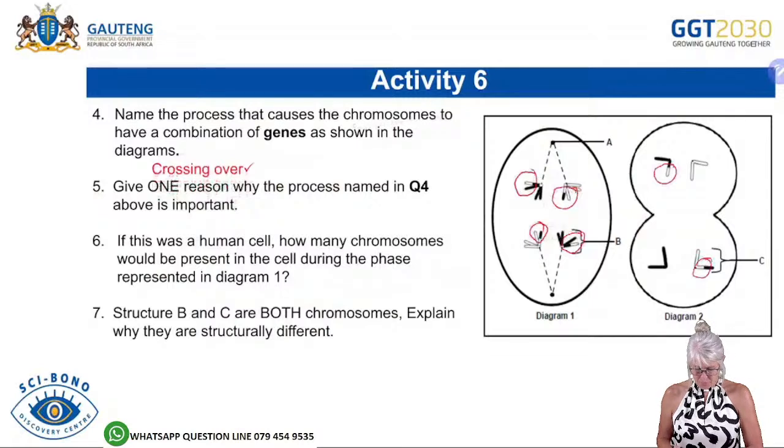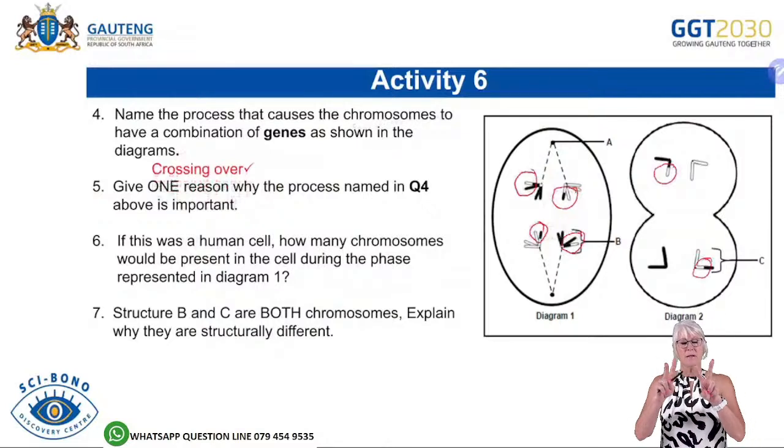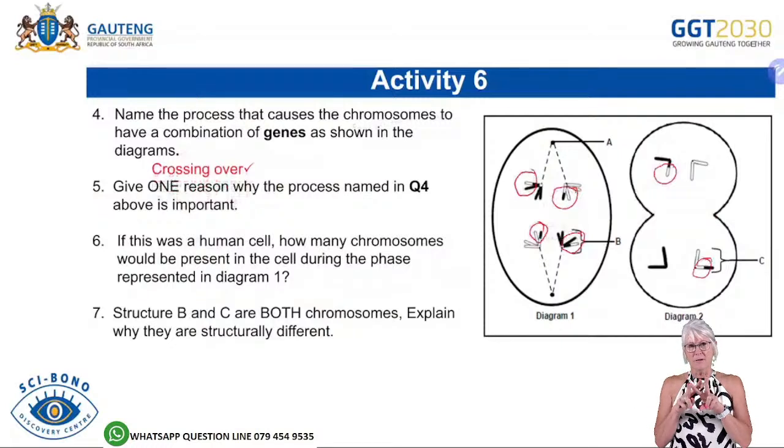Then they say, give one reason why the process named in question 4 above is important. And the reason is as soon as we do a bit of crossing over, we've got recombinant DNA, and what are we doing? We are creating variation, so that every single organism that is born is not identical to the one before. So the gene pool gets wider.